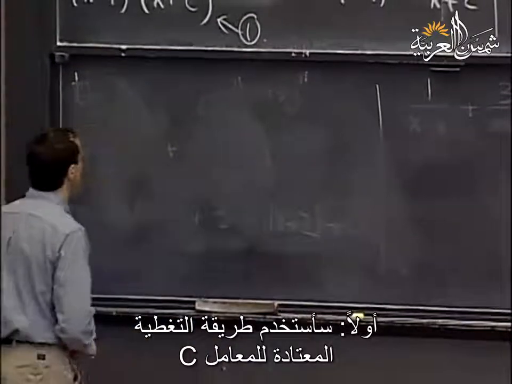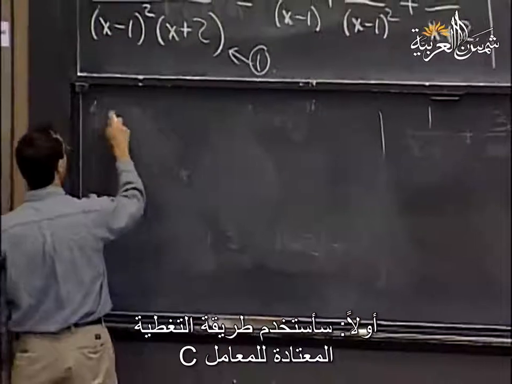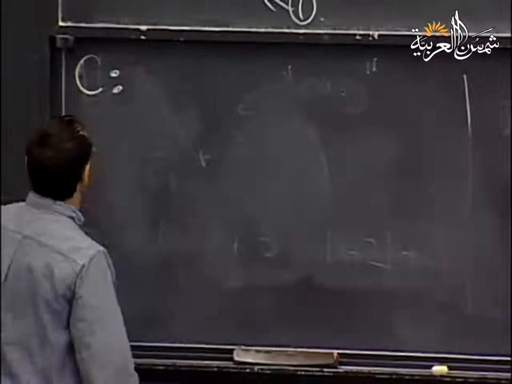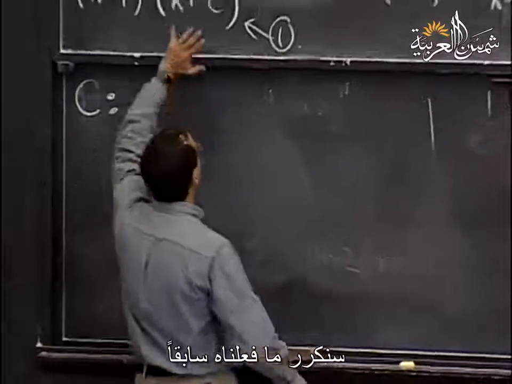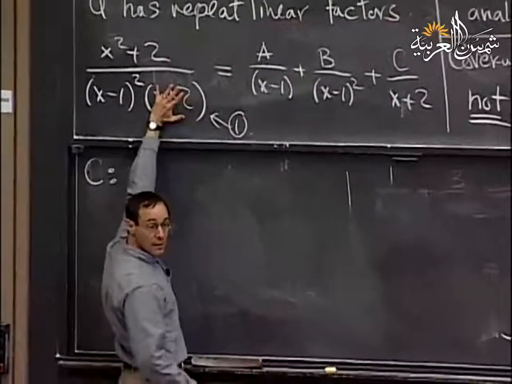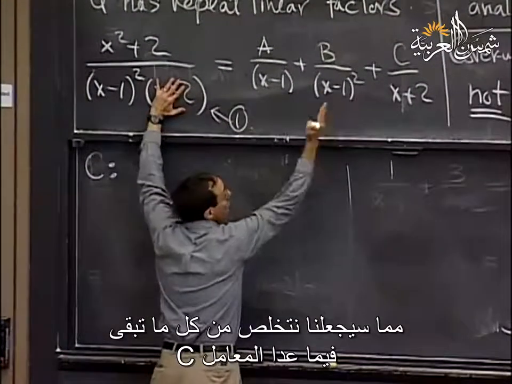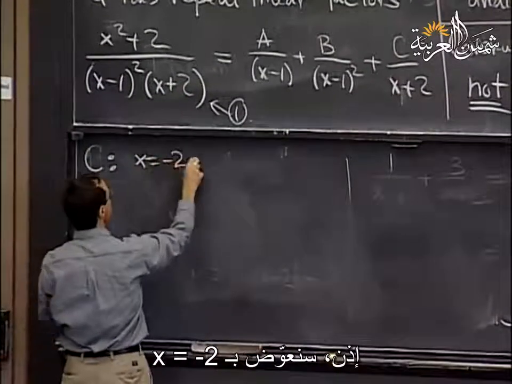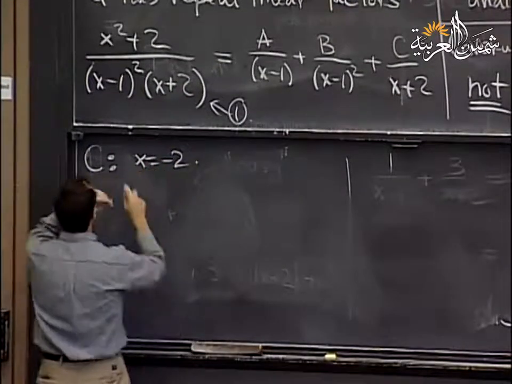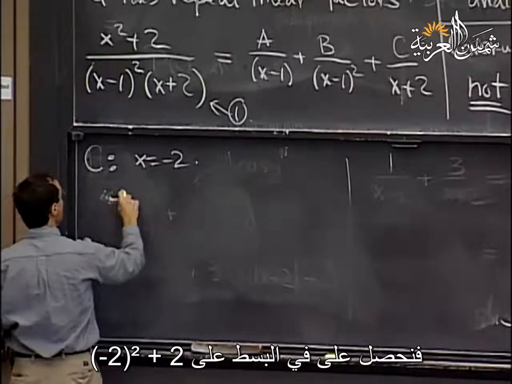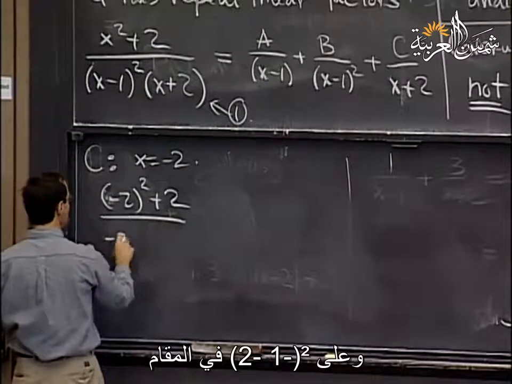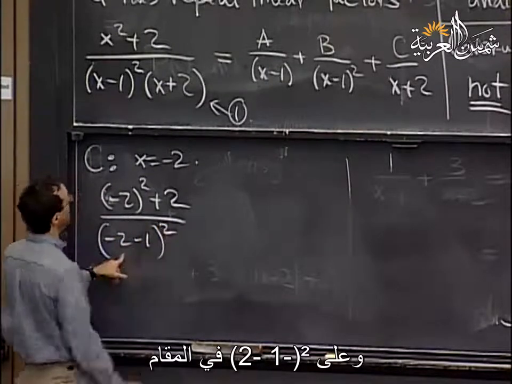First of all, I'm going to do the ordinary cover-up with C. So for C, I just want to do the same old thing that I did before. I cover up this, and that's going to get rid of all of the junk except for the C term. So I have to plug in x equals -2, and I get minus 2 squared plus 2 in the numerator, and I get minus 2 minus 1, the quantity squared, in the denominator.